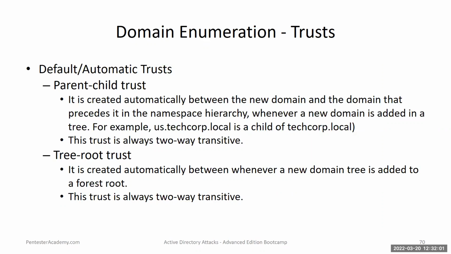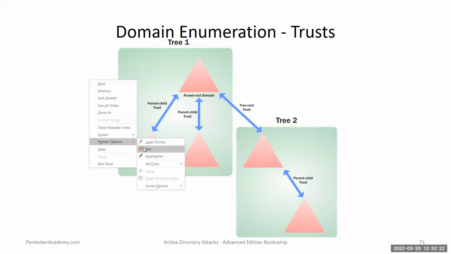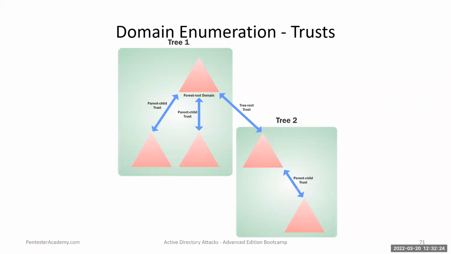Parent-child trust, that is created automatically when a new domain is added to the domain. For example, us.techcop.local is a child of techcop.local. This trust is always two-way transitive. Or a tree root trust, when a new domain tree is added to the forest root. That is also two-way transitive. So as you could see here, all the trust relationships here are two-way transitive trusts.